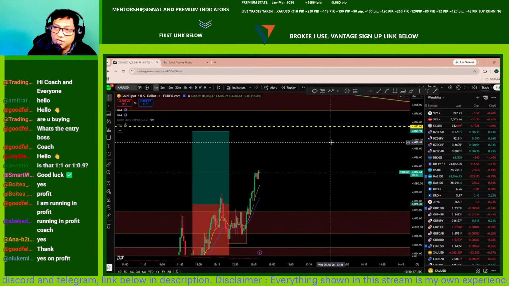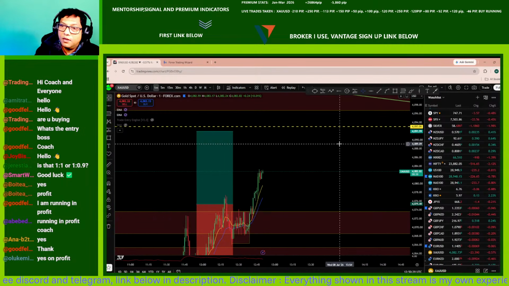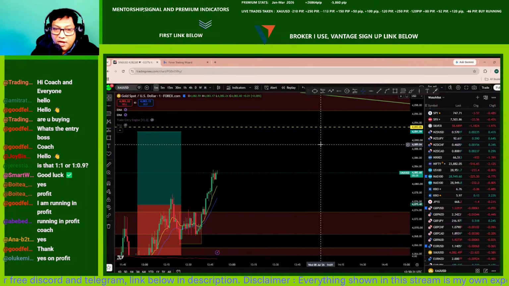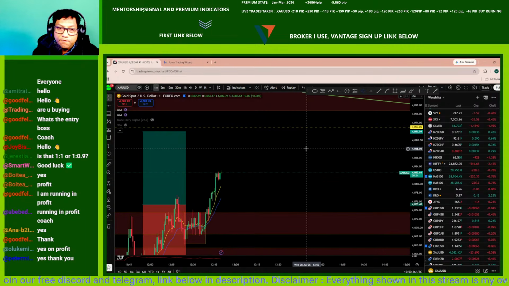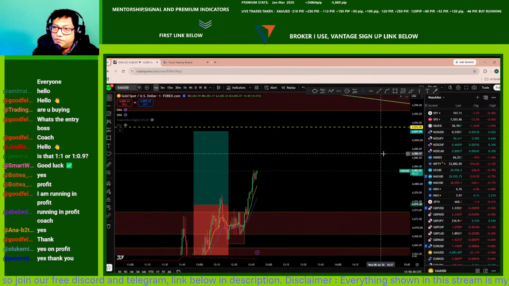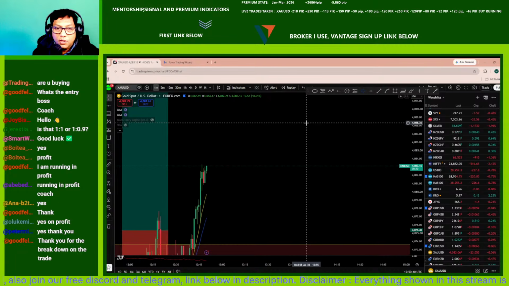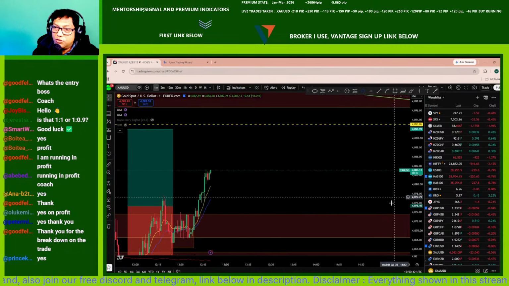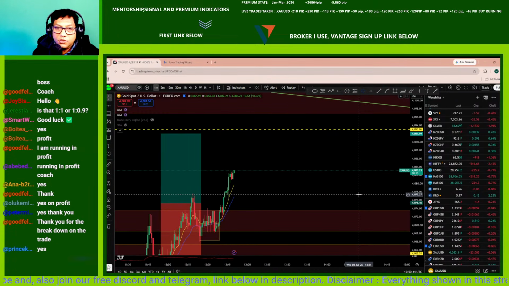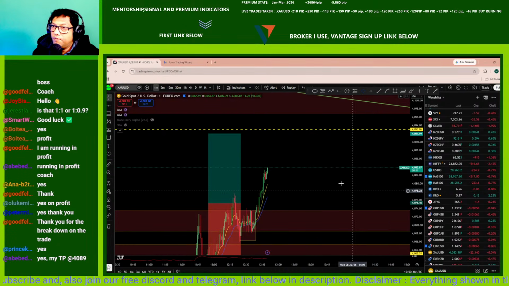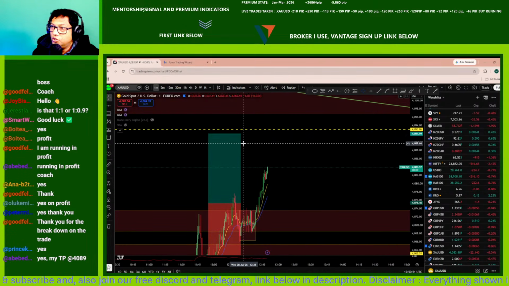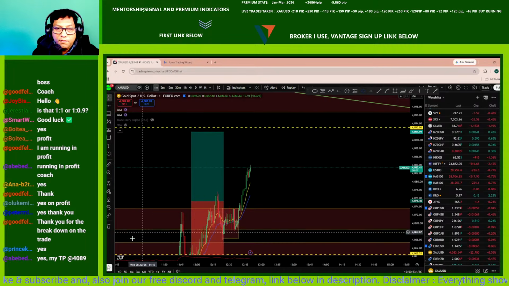The price action still shows bullish momentum. Yes, in profit. Thanks for confirming. Good job. Cool, that's what we need to know. TP 4089. Okay, so you put it earlier. It's good. No problem.